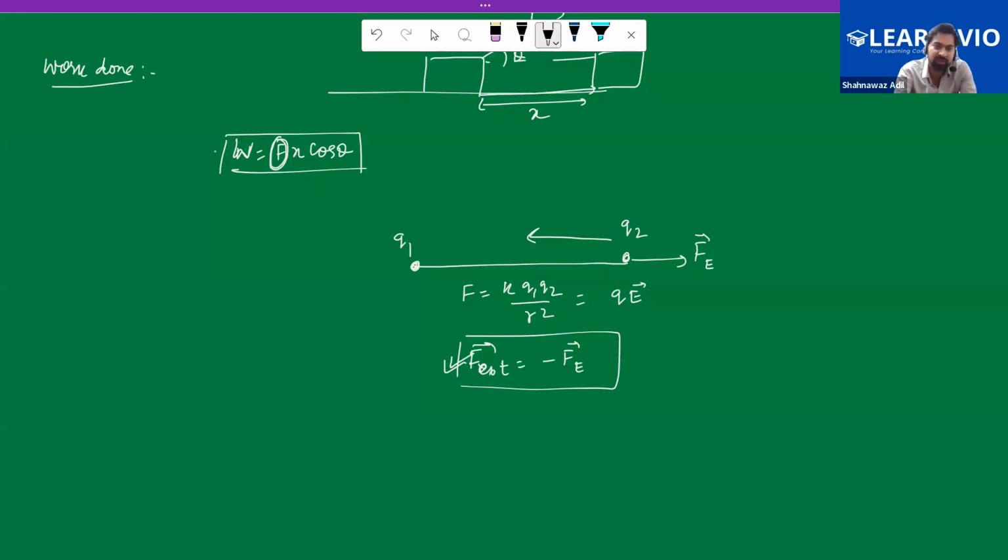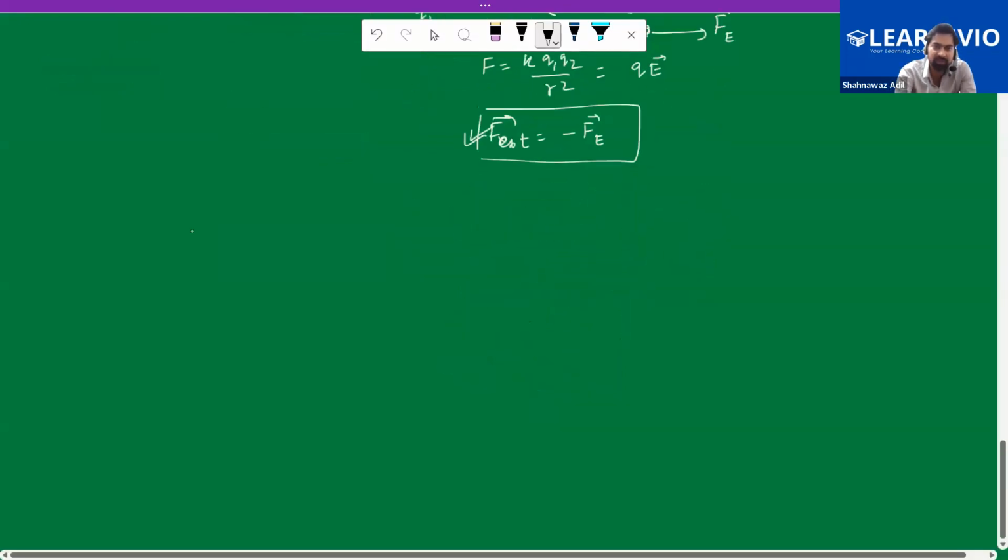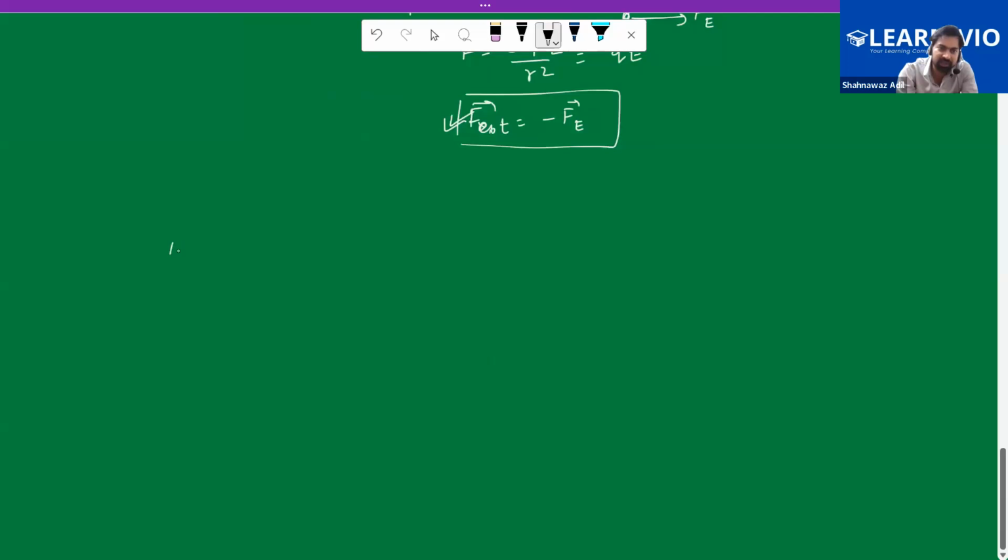Now let us get back to this work done. So the work done is, and I will write that we are bringing something from initial to final point, we are bringing the charges.